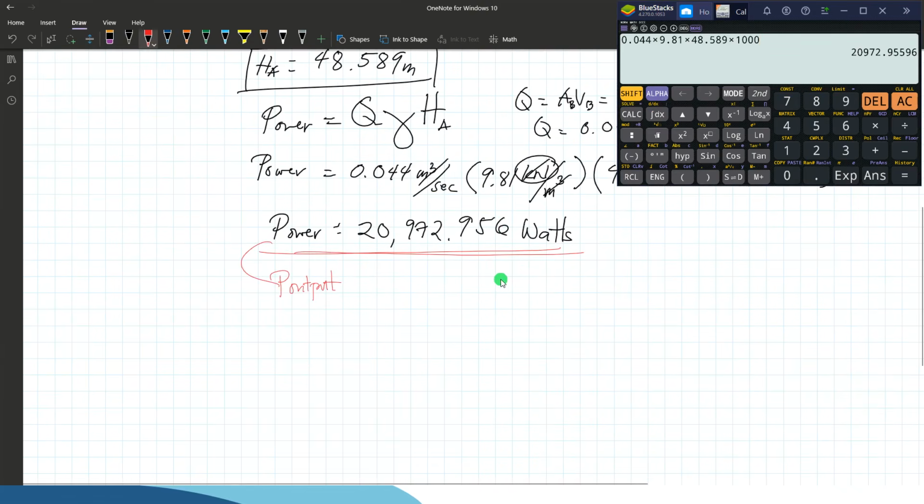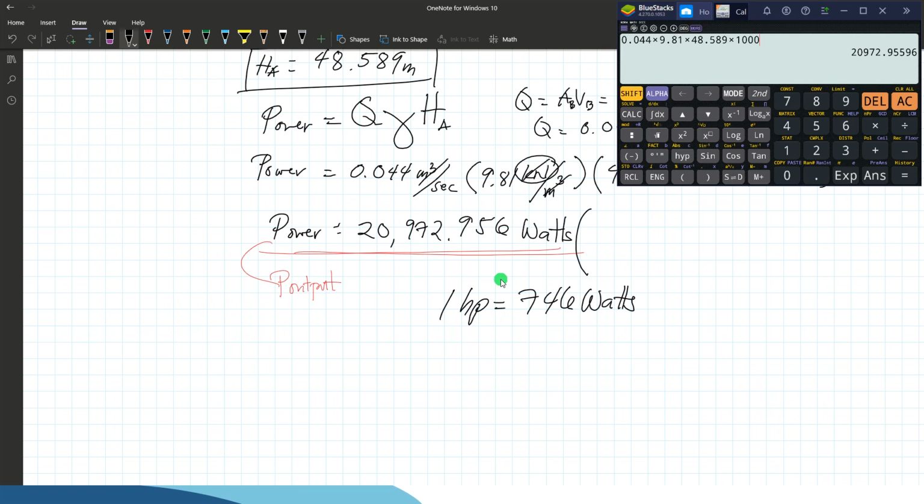So to convert the power from watt to horsepower, we have a conversion factor of 1 horsepower equals 746 watts.